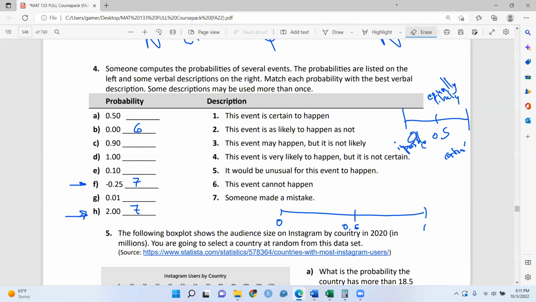Well, for B, I put 5 and 6. So it isn't 5, or it's just 6? Okay, this is being super picky, I know, but I think it makes sense. Hear me out. 5 says it would be unusual for this event to happen. I totally agree with you, by the way. And I don't know that uncertain or impossible, or it's not going to happen, would be considered unusual.